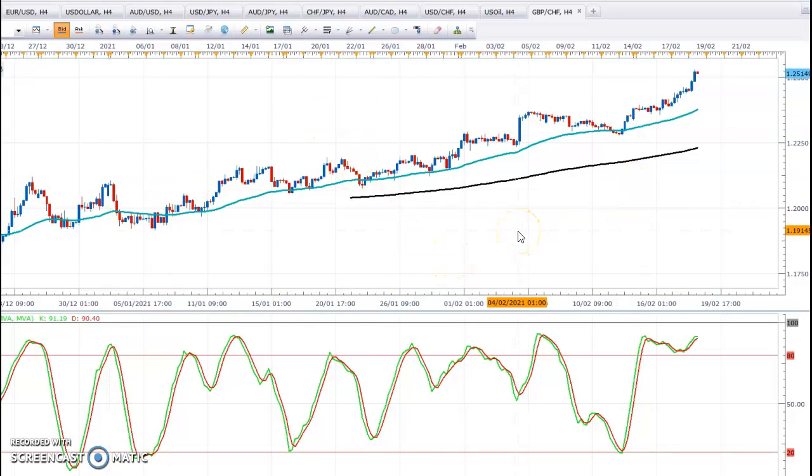Now where's the safe entry? You've probably seen it already. Okay, here.